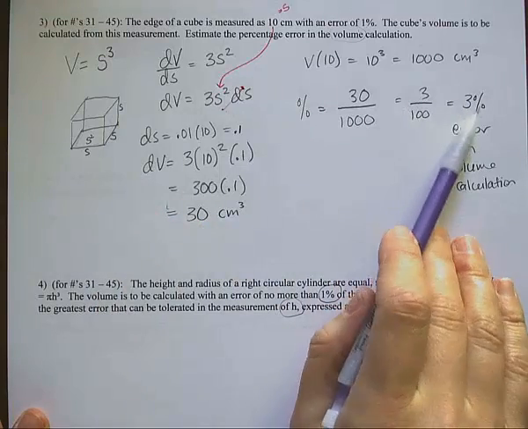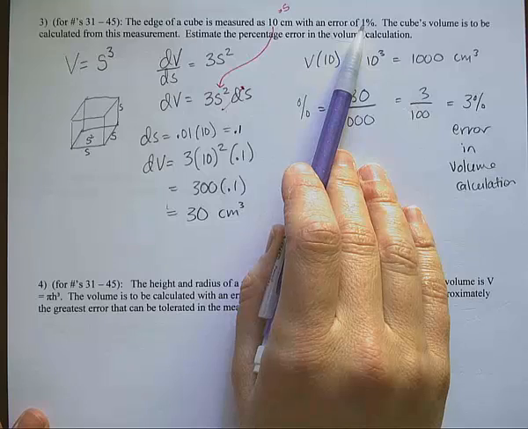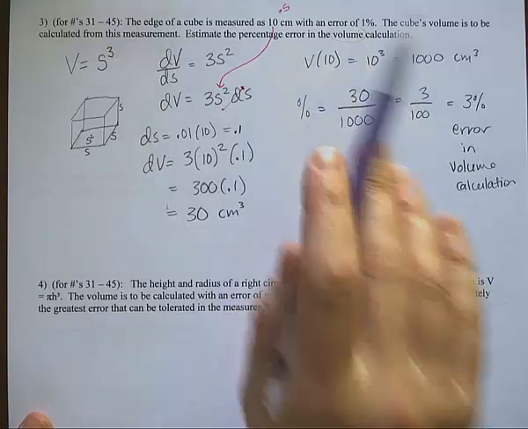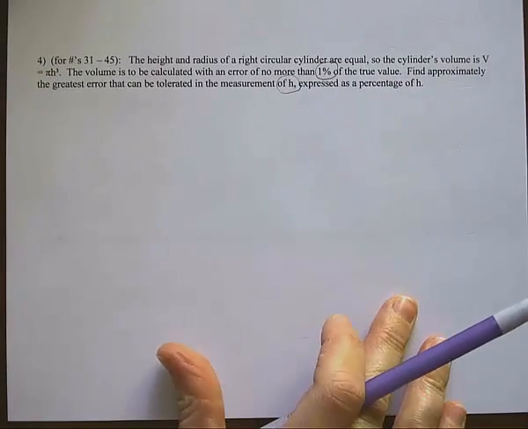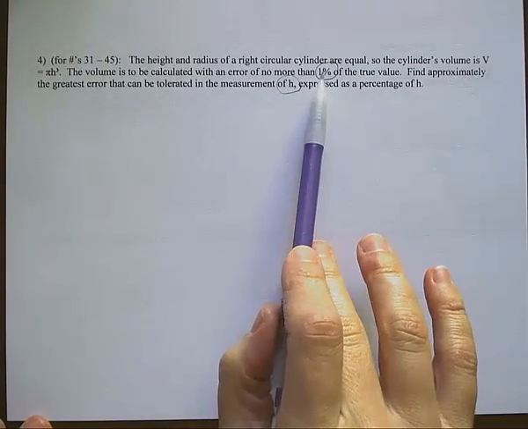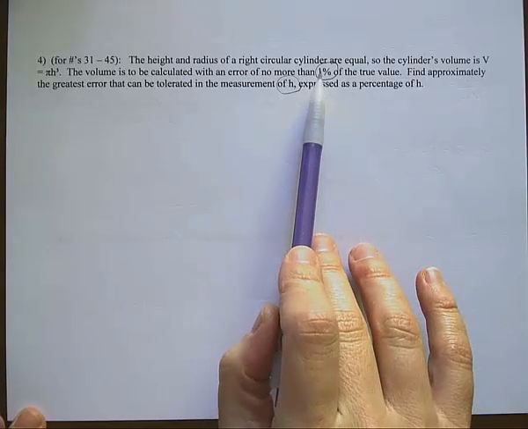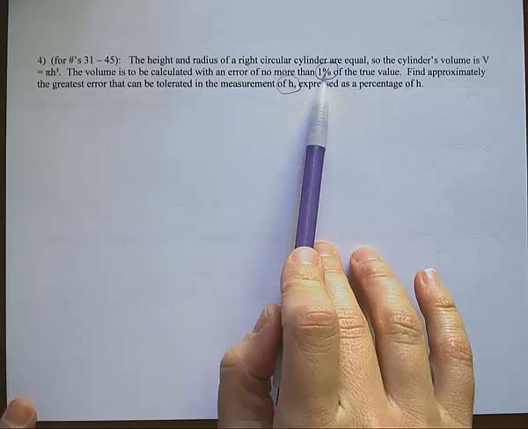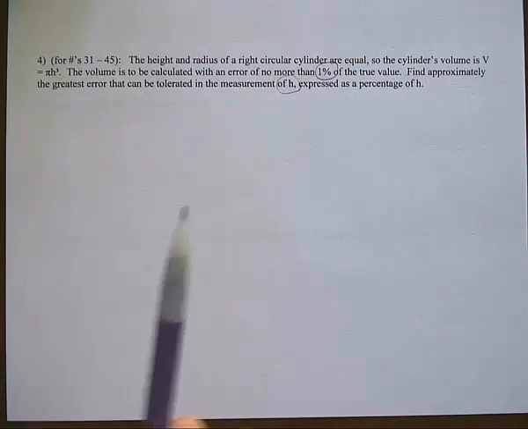And the error in volume ended up being 3 times the error in that first dimension of the edge. So I don't know if this will come out to that, but I think it'd be interesting if my change in height, or my error in height, was a third of this, basically, because this would have to be 3 times my change in height. So just something to keep in mind while we go.